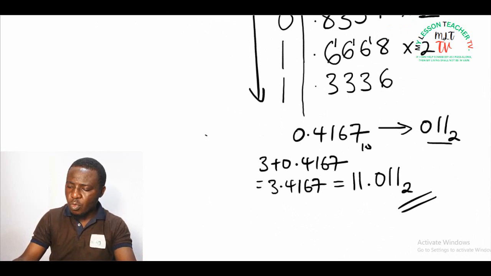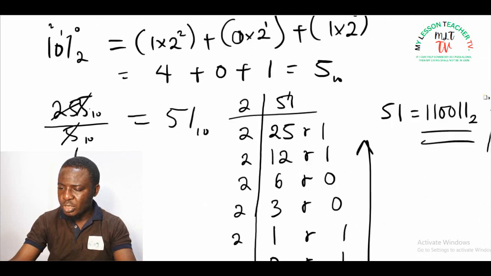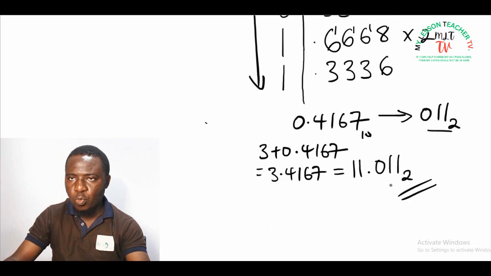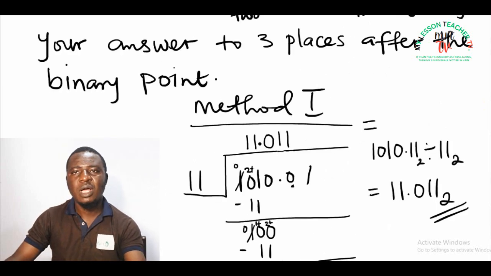So if you go back to the method 1 we used, it should give us the same answer. If you compare the method 1 with the method 2 answer, you will discover that our answers are the same, and this gives you our answer.